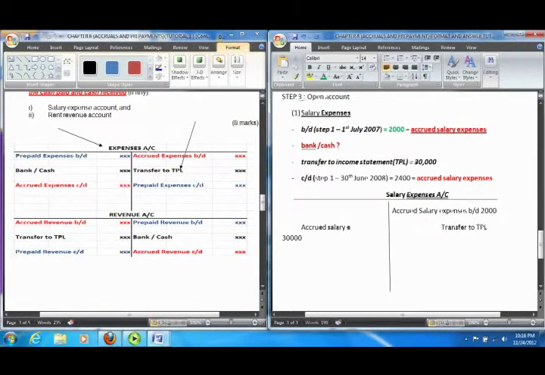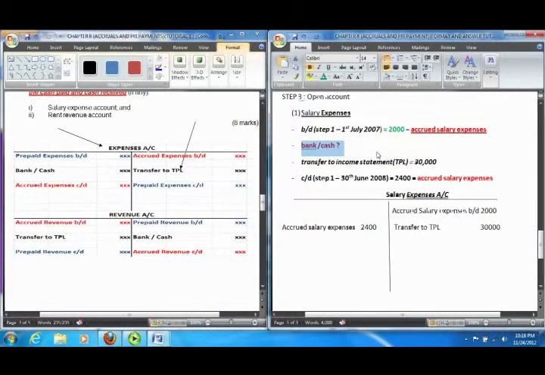Accrued salary expenses. Can I know the amount? Based on your information in step 2, it is 2,400.